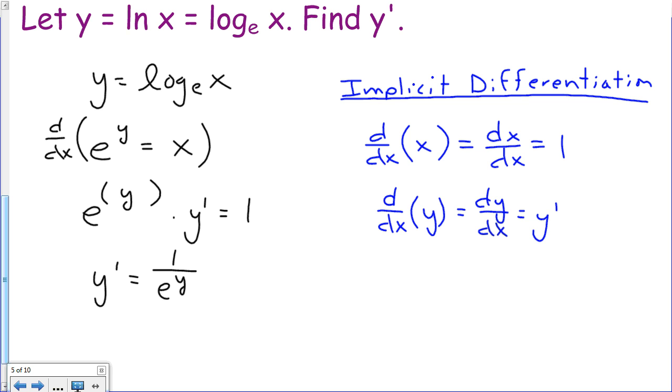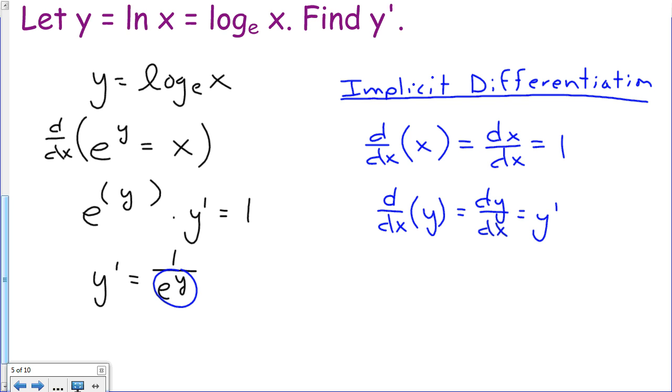And there's the derivative. The only thing I don't like is the fact that I started out with a function that was defined in terms of x. y was a function of x. And I end up with y prime as a function of y. And I'd like to have it in terms of the same variable. So let's see if we can replace e to the y with what it's equal to.